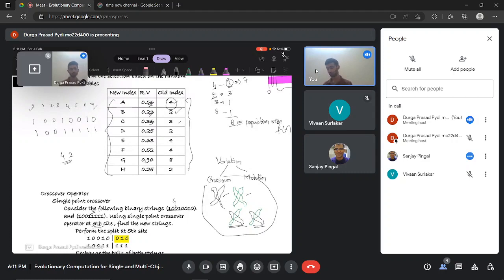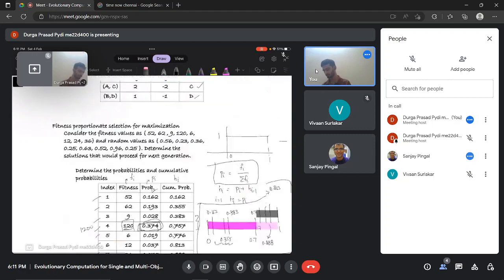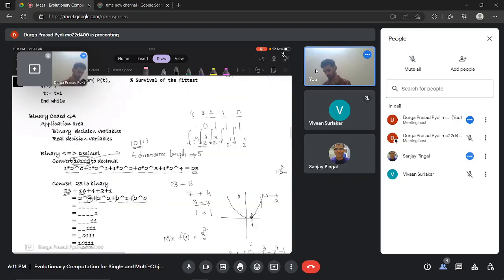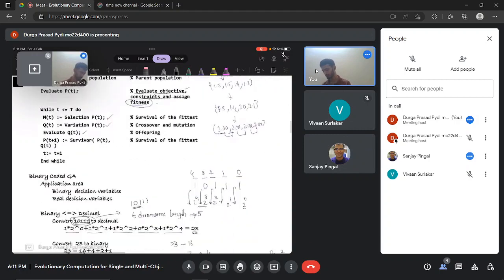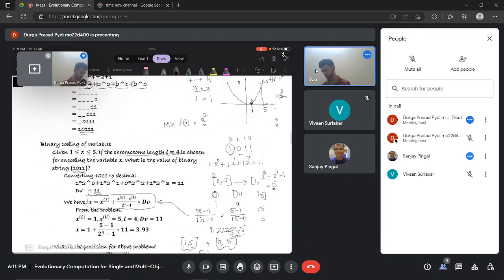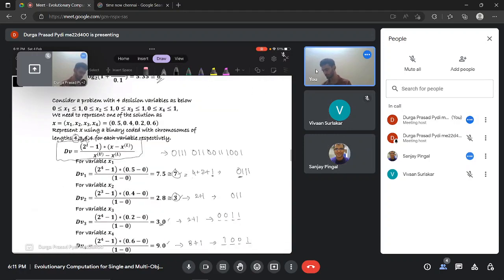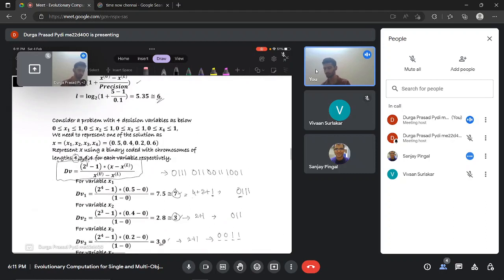Now if you see one of our previous examples, I showed how to decode the values and represent these numbers. If you see this particular value, you actually have four decision variables: x1, x2, x3, x4. So you come up with only one string to represent all these 4 variables.